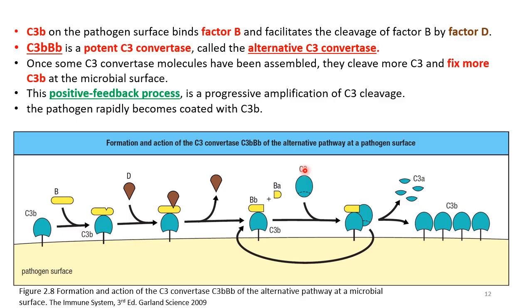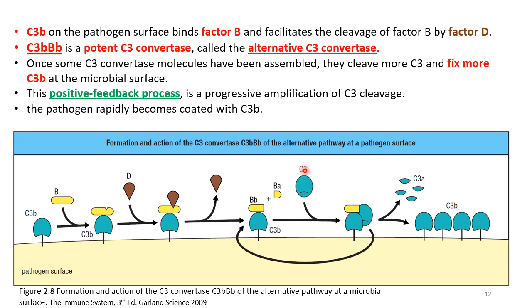Yeah, I know it sounds like an alphabet soup. So let's get a picture here. Okay, so this here is factor B floating around. Factor B. Okay. Now this here is C3. And what's going to happen?